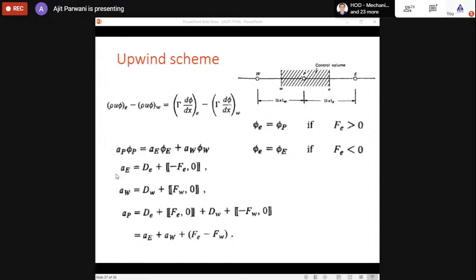With this, you will see that the second rule is not violated. AP, AE, and AW all come positive, so you do not violate any rule. So this is the upwind scheme.